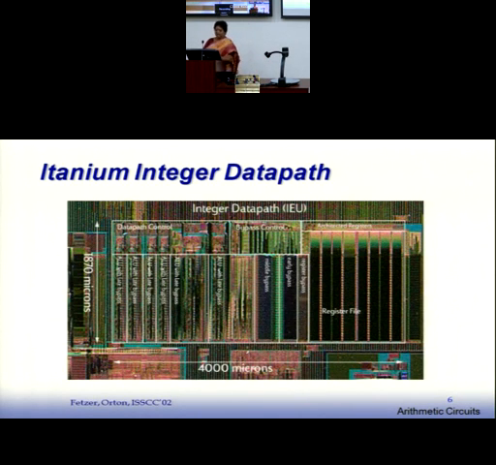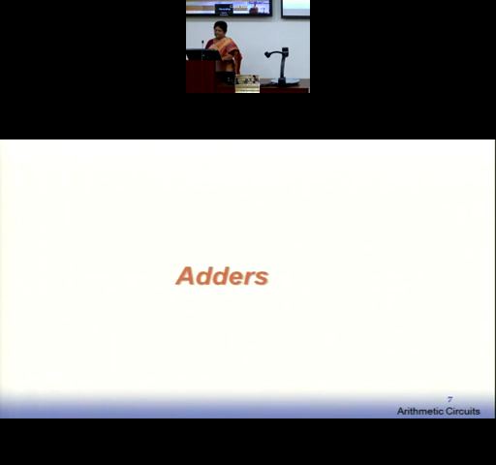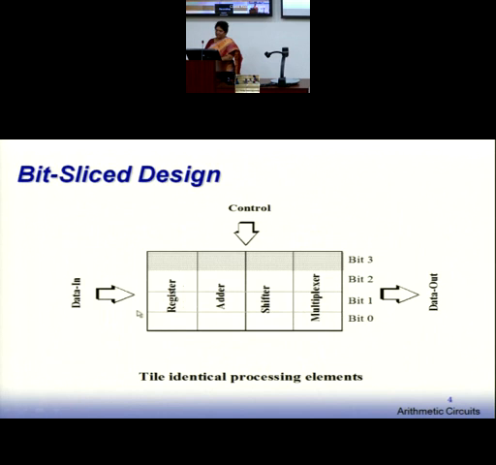This is known as a bit sliced way, bit sliced architecture. Within this bit sliced architecture, we have data in, data out, and all your blocks arranged in a horizontal fashion.